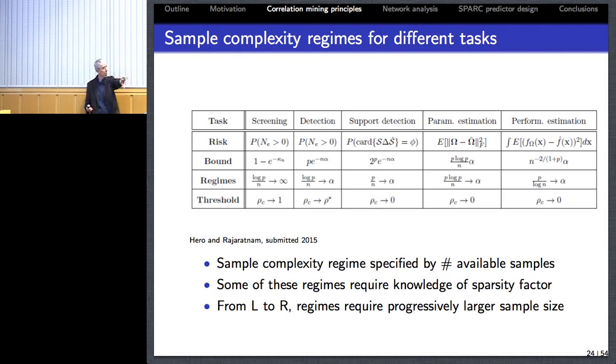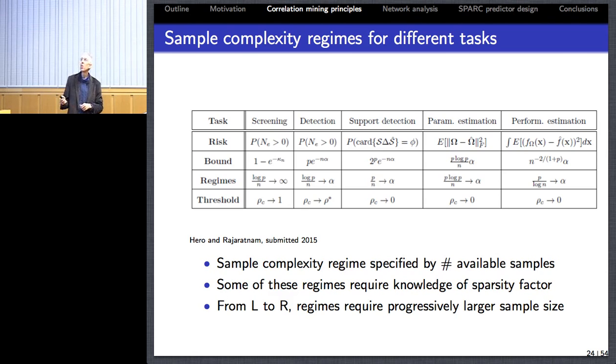So if you take some subnetwork, some subset of the biomarkers, and you only have on the order of log p samples, you can reliably determine whether you have edges, whether NE, the number of edges in that subnetwork, is greater than 0. And if you back off even further, if you have fewer than log p samples, you can still do something.